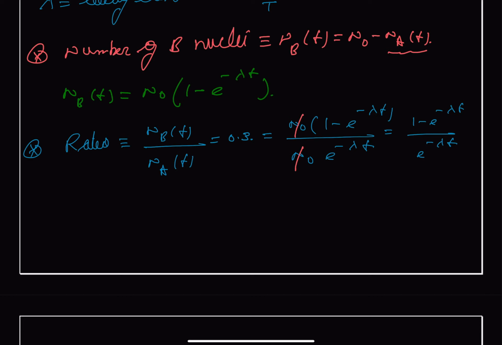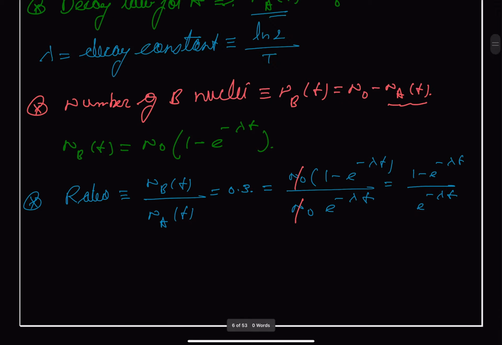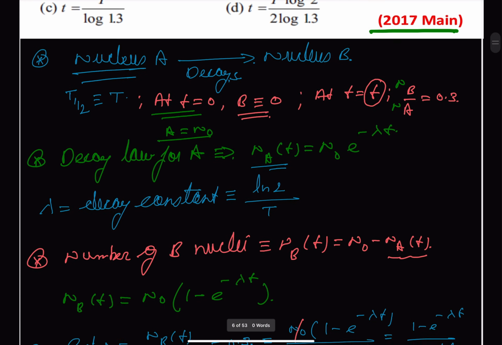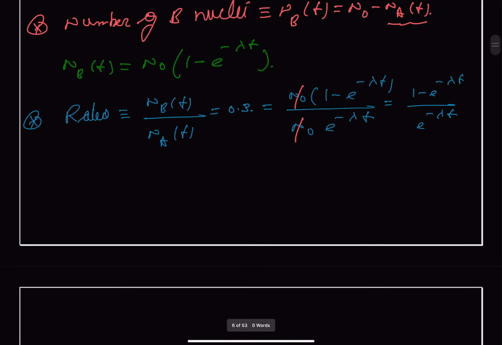We can solve it. Okay, and this small t is equal to capital T. One second, sorry, small t is not capital T but the decay constant in terms of capital T. That we already know, we can substitute that later on.